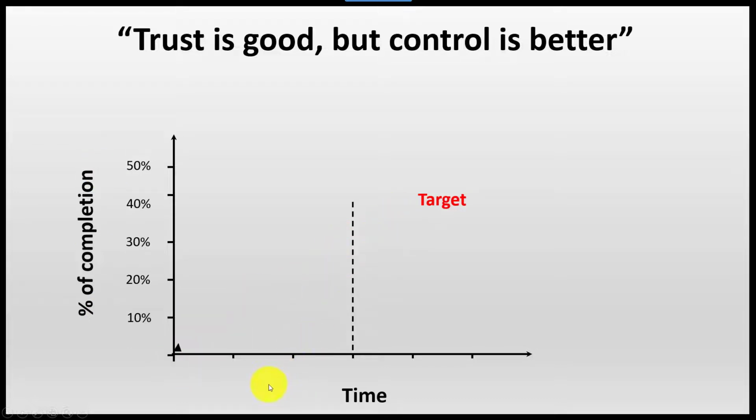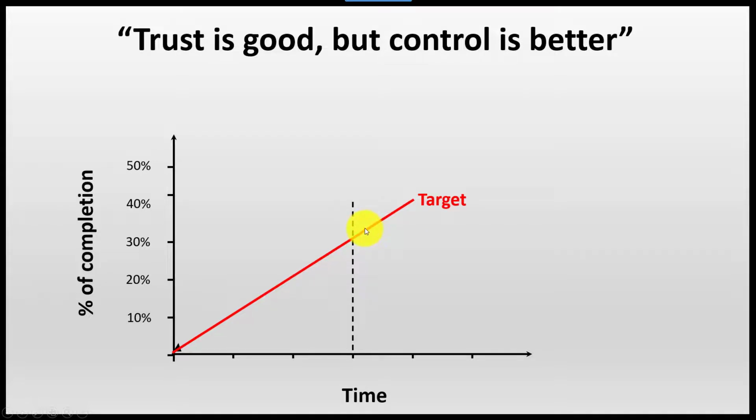You have a target by a specific time, let's say that this timeline is 1 month. So by the first month, you're done with 10%. And by the second, you're done with 20, and 30. And this plan is really predictable, it's really linear. So this could be your target, that is your benchmark.